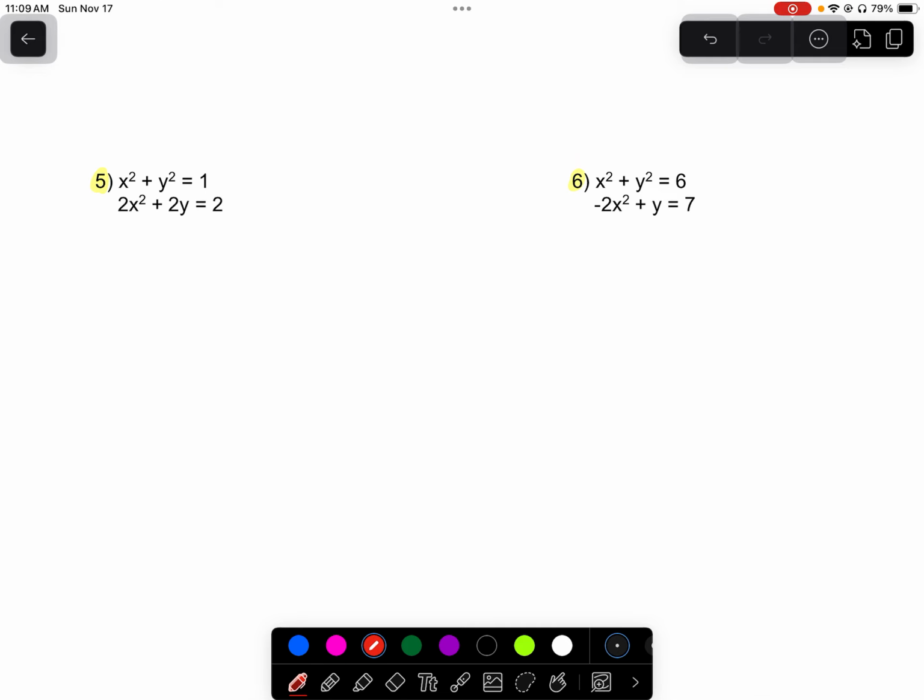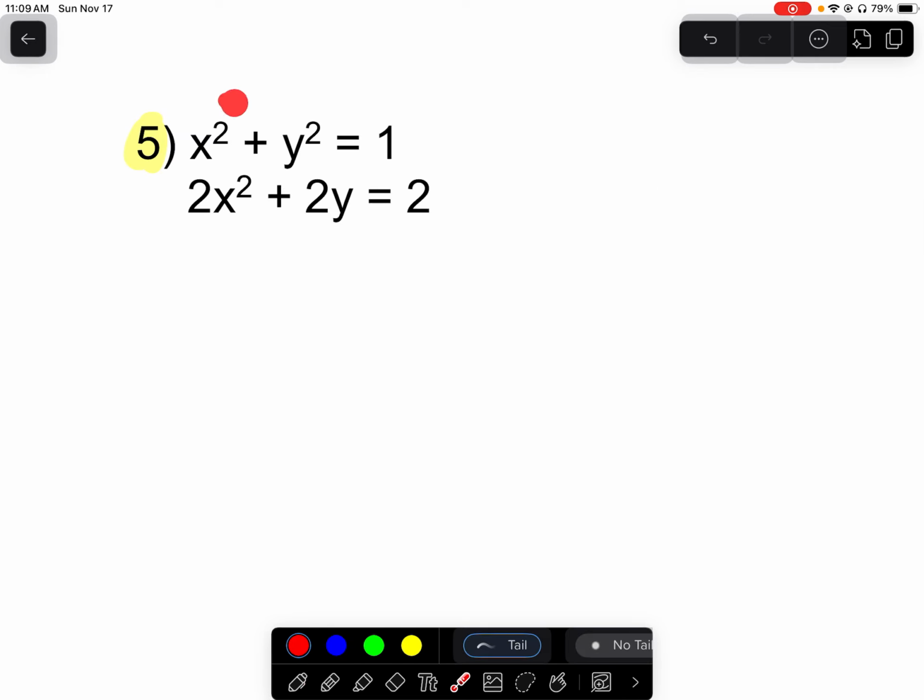So now here, there are a few different ways that we can approach it. I'm going to use elimination because I see this. If I eliminate the x squareds, I will only have y's in the problem. But to do that, I need to multiply everything on top here by negative 2. So I'm going to spread it out a little bit.